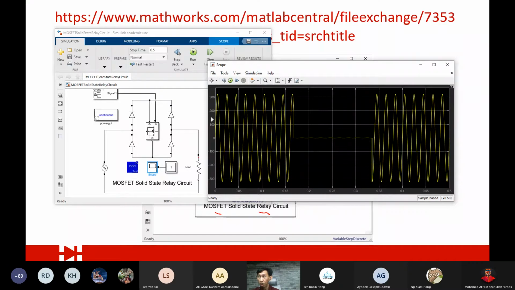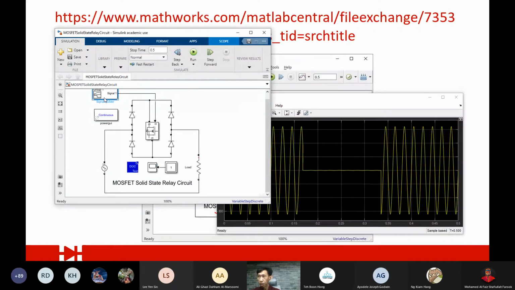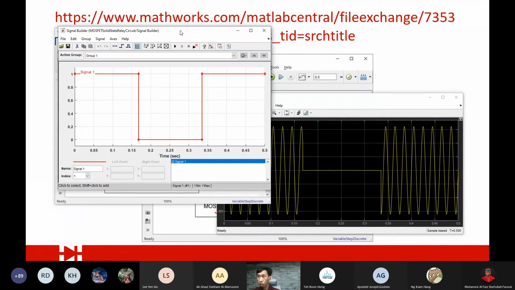When it turns on, it allows full AC to go through, turn off totally blocks the AC, and turn on again. It's just like a mechanical relay, but it is electronic. You don't see an electromagnetic coil or any mechanical moving parts. This is the signal I put in, you just turn on and off only.